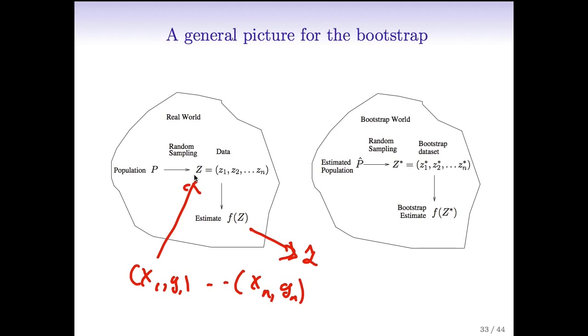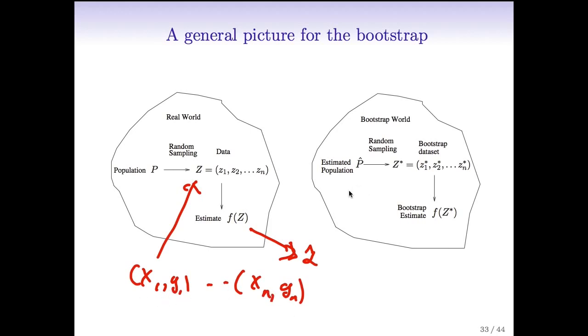So a way of thinking of the bootstrap in the abstract is to say, well, we don't have access to the population. Let's replace the population, which we don't have, by p hat, which in the bootstrap's case is the training sample itself. It's a population that puts probability 1 over n, n being the sample size, on each of the training points.